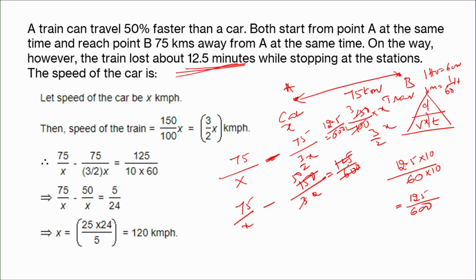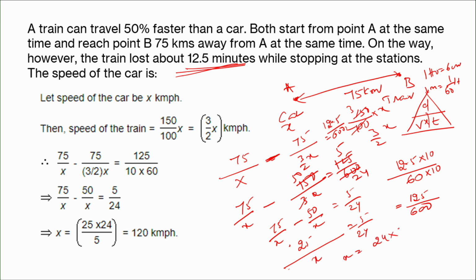Again it is divisible by 25: 25 5s are 25, 24s. So 75 by x minus 50 by x is equal to 5 by 24. Taking the LCM, x, 75 minus 50, that is 25 by x, is equal to 5 by 24. Or x is equal to 24 into 25 by 5.